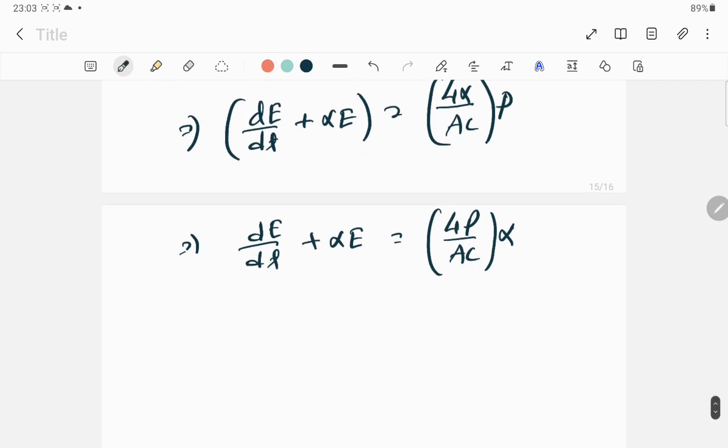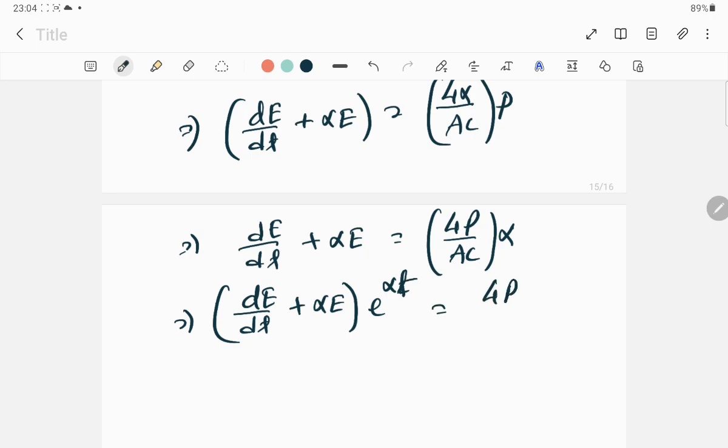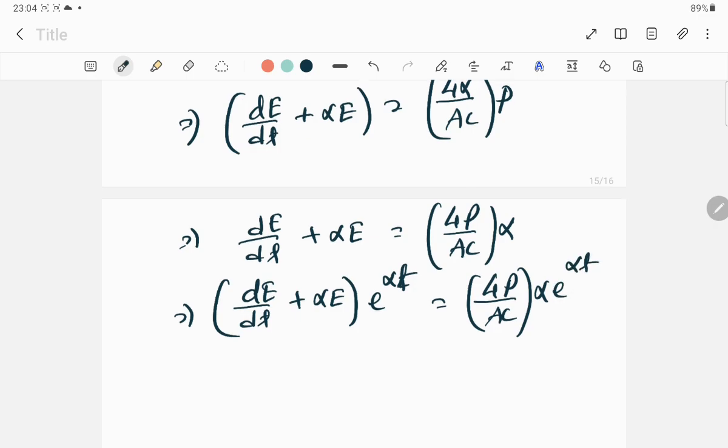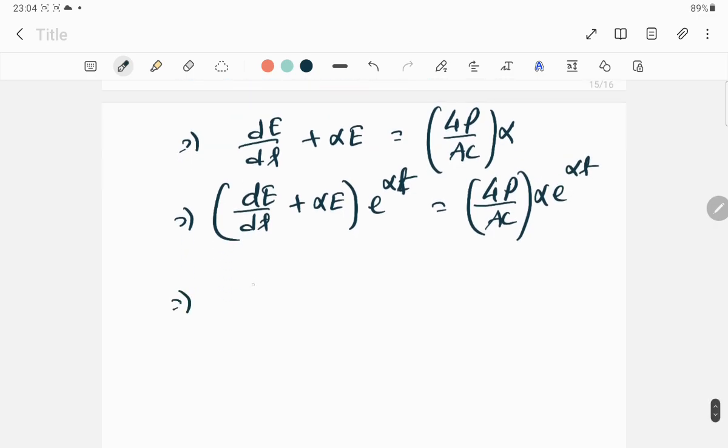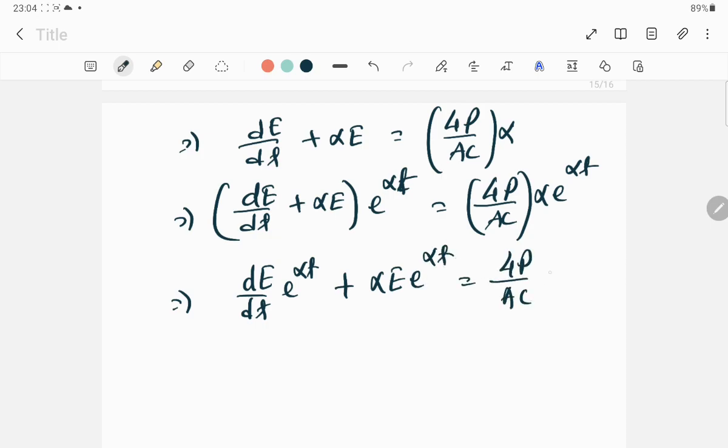I will multiply both sides by e to the power alpha t. So (dE/dt plus alpha into E) into e to the power alpha t equals 4P/AC alpha e to the power alpha t.